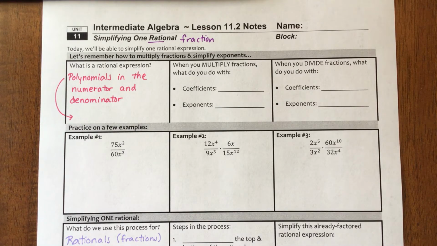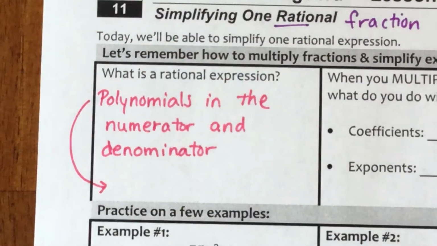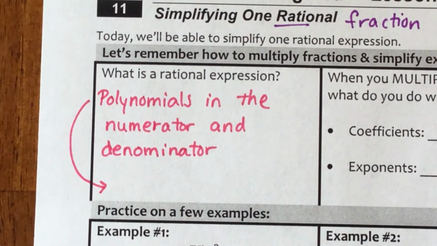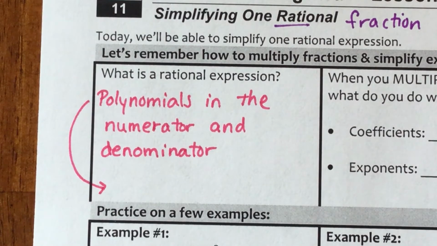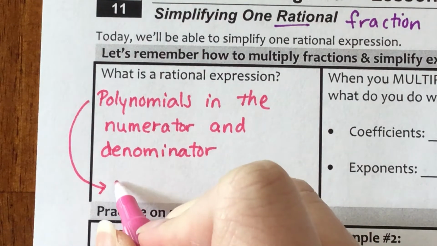So let's start over here with what is a rational expression. Rational is ratio, fraction. Okay, so it means that we have a polynomial in the numerator and a polynomial in the denominator. So from there, let's talk about polynomials. A polynomial has numbers for coefficients.